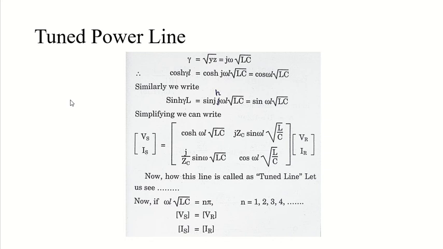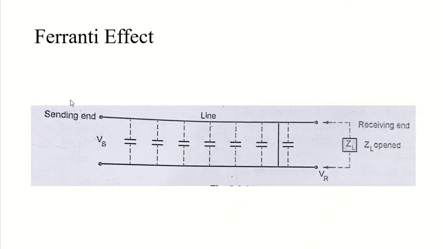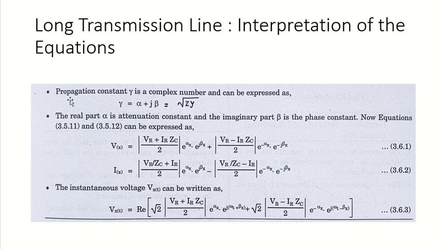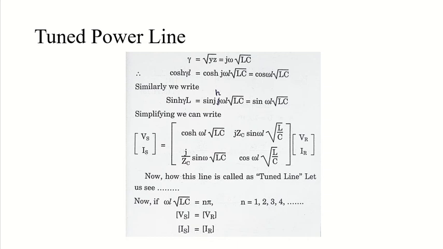Now, considering cosh of gamma L here, what will happen?